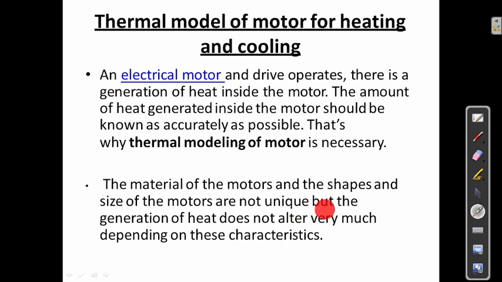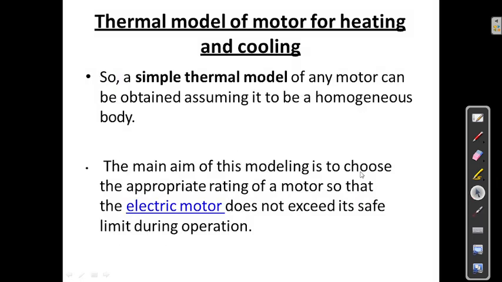Most of the heat occurs when the motor is running. So, a simple thermal model of any motor can be obtained by assuming it to be a homogeneous model.